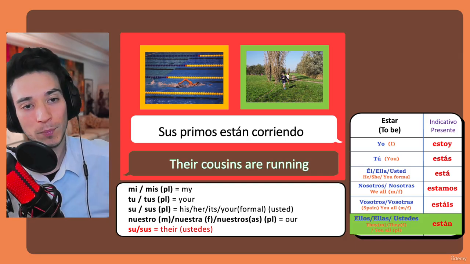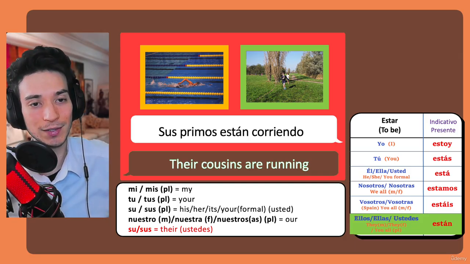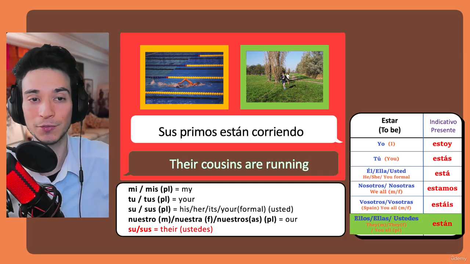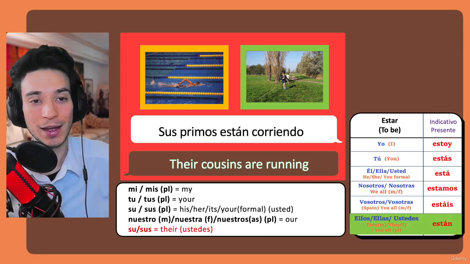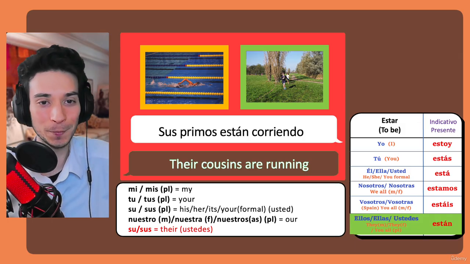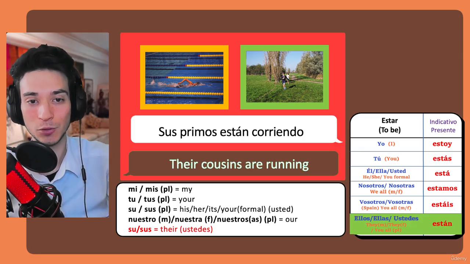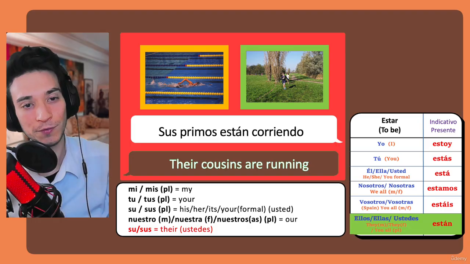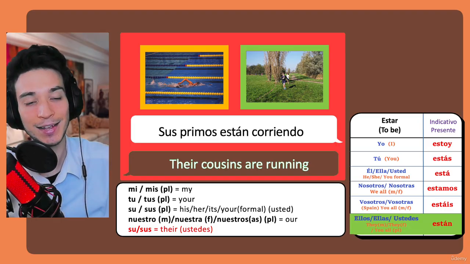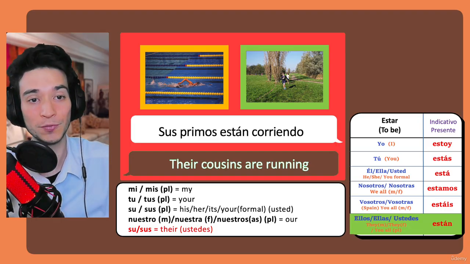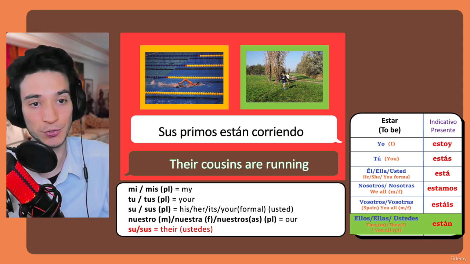Whenever you talk plural, you have to use the male form. So primos. When you use the plural form, you do not know if it's female or male. So you might have both together. If they're mixed, you would just use the male one. But if they're all female, you have to say primas. But if they're mixed, male and female, you say primos.